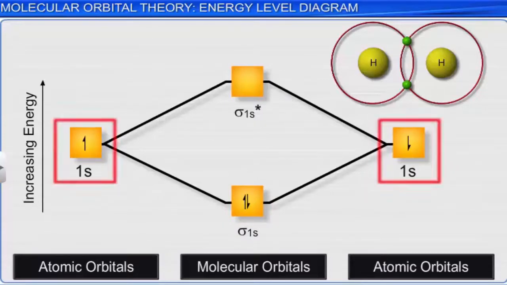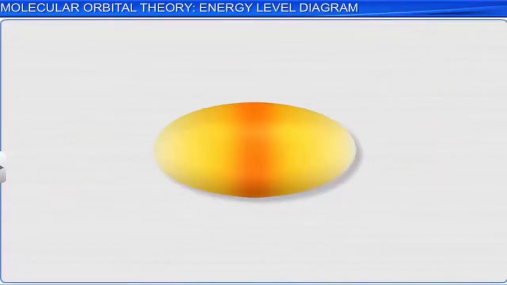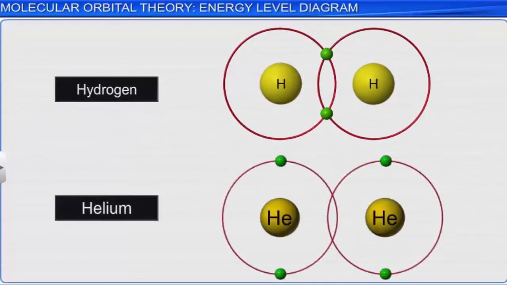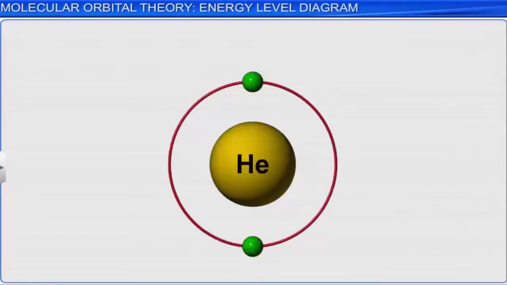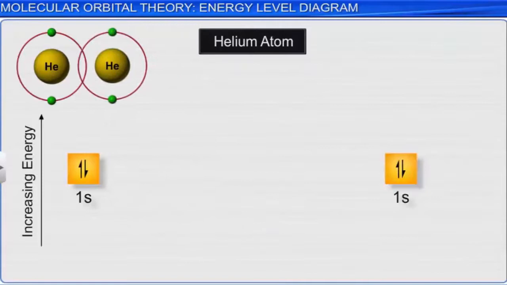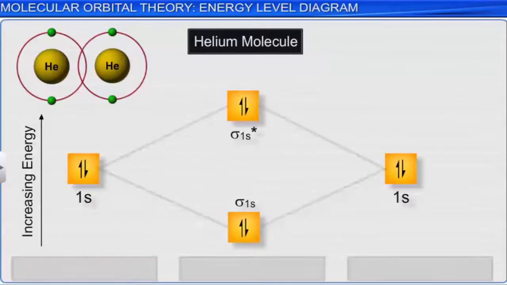Molecular orbitals not only help us determine the stability of molecules such as hydrogen, they also help us understand why certain molecules such as the helium diatomic molecule do not exist in nature. You see, a helium atom has two electrons in its 1s orbital. When two helium atoms come together to form a molecule, the four electrons would be distributed across both sigma bonding and sigma star antibonding molecular orbitals.